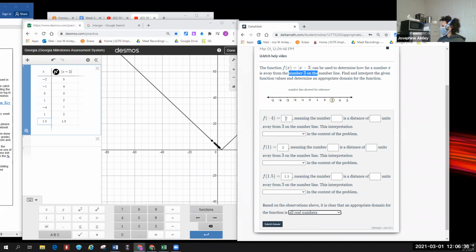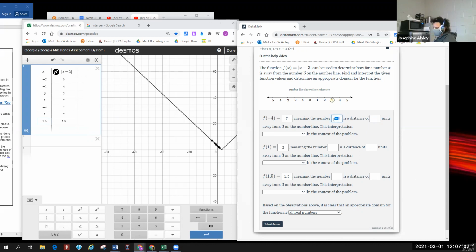So f of -4 equals 7. Remember, x is the number away from 3 on the number line, either left or right, doesn't matter. So -4 means I go 4 to the left, right?